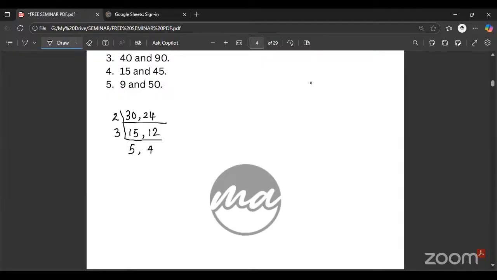Now there is no number by which you can divide 5 and 4 together. So now let's first divide by 2, the prime factor, which will be 5, 2. Again you can divide this by 2, which will be 5, 1, and then you divide it by 5, which will be 1, 1. Do you get this?